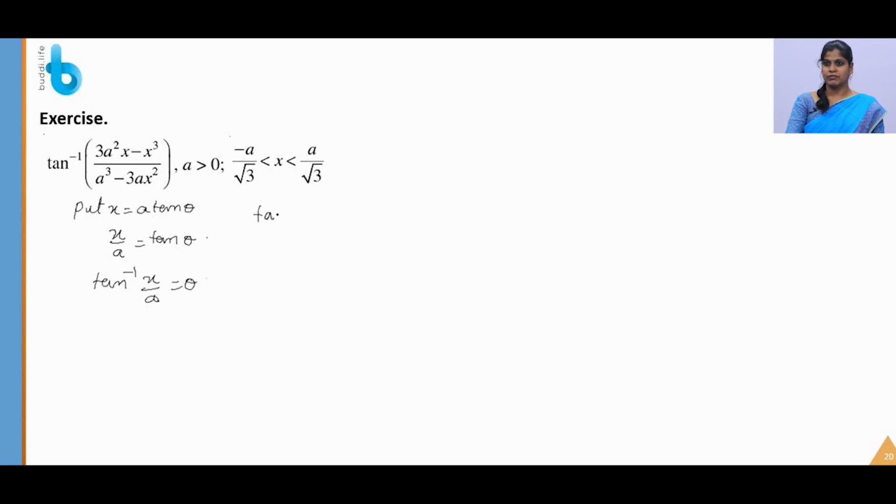So tan inverse of 3 into a square, with x as a tan theta, minus x cube which is a cube tan cube theta, divided by a cube minus 3a tan square theta, and in x square we have another a square, which we also include here.